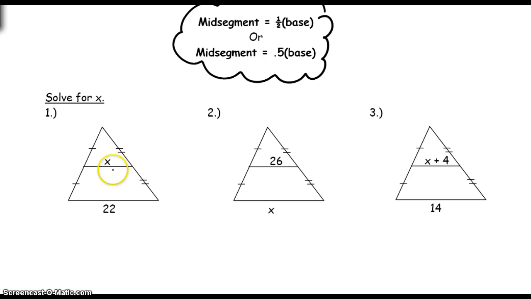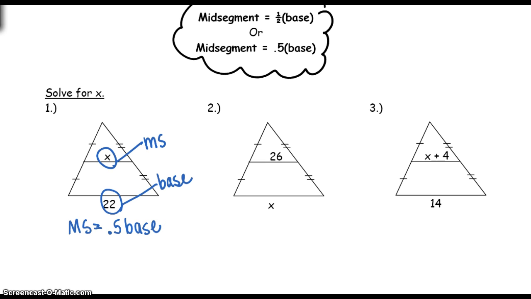So let me tell you what to do on this first problem here. First, identify where the midsegment is. So it's the line inside connecting the midpoints. And then identify where the base is. And that would be the bottom part of our triangle. Now the formula says that the midsegment is 1/2 or 0.5 of the base.